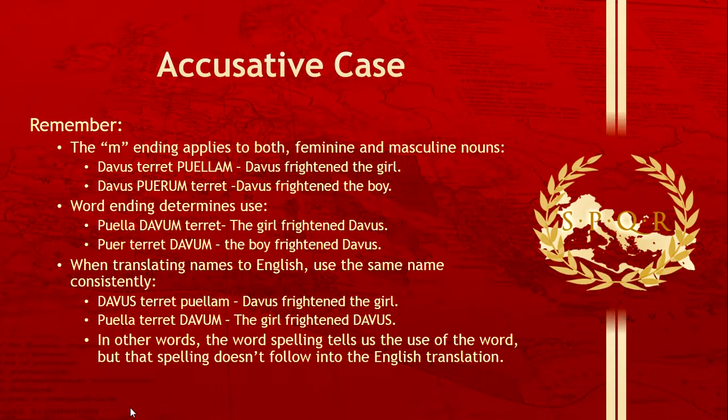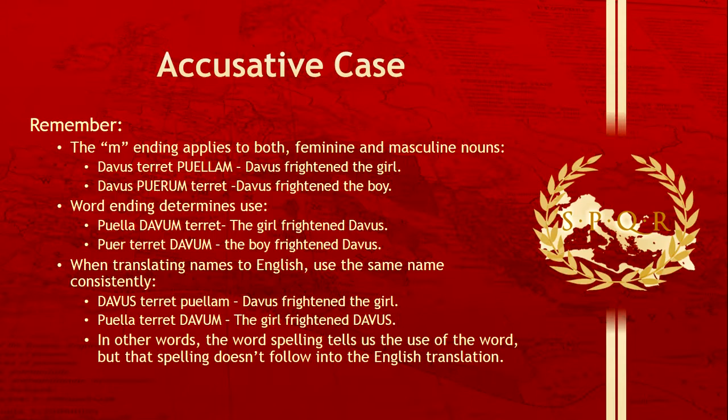So again, in that particular case, Davos is a direct object of frightened, therefore you render his name in the accusative case. Now, one thing to remember in doing this, when translating names to English, you use the same name consistently. So looking at the examples that follow, Davos terret puellam. Davos frightened the girl. Puella terret davum. The girl frightened Davos.